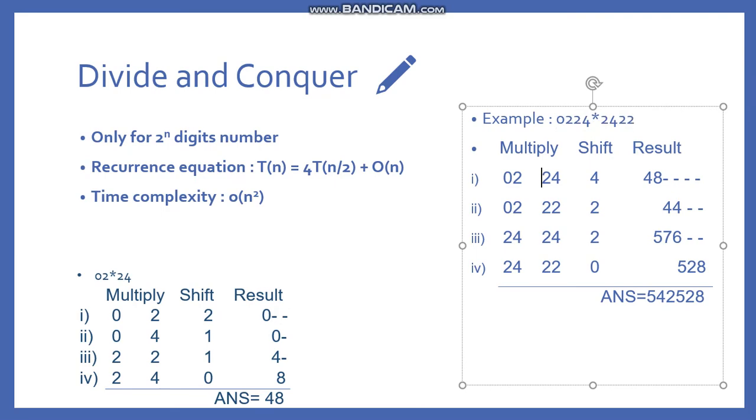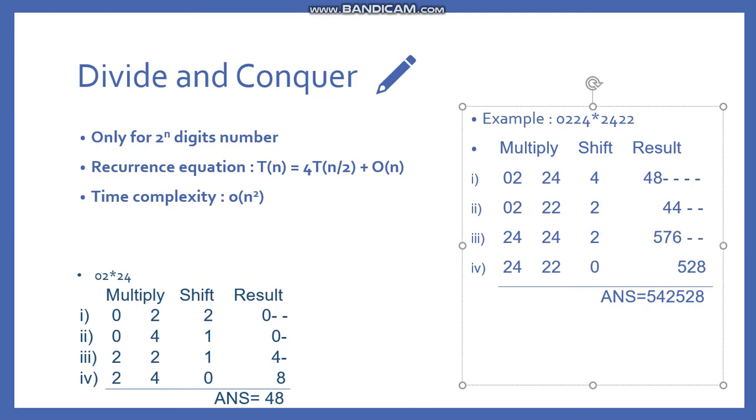We divide every number into two halves, and multiply each half of the first number with each half of the other number. For the first multiplication we take a shift of 4, which is the size of the numbers; for the next two steps we have a shift of n by 2; and for the last step we have a shift of 0.